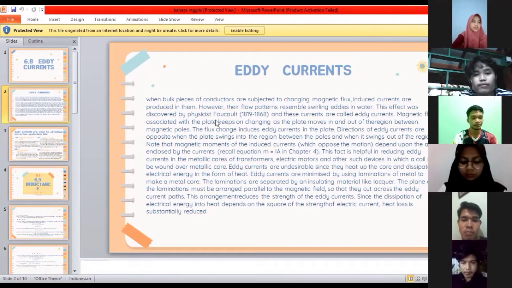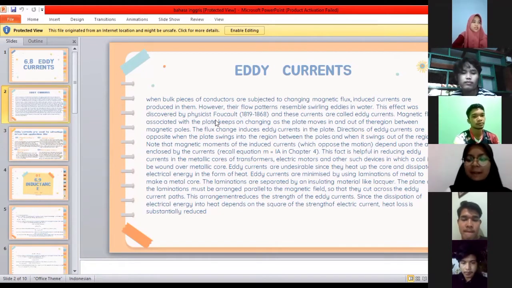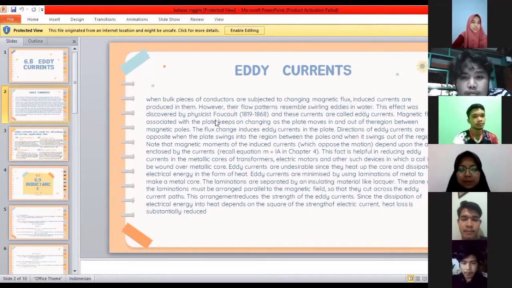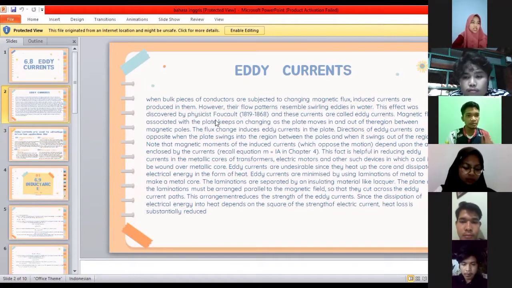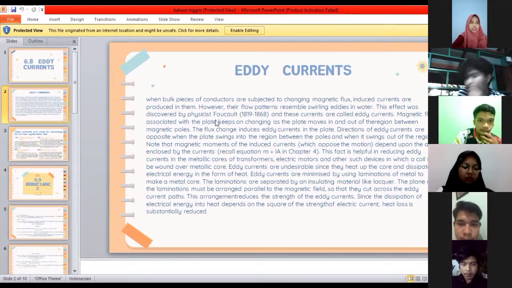Eddy currents. When bulk pieces of conductor are subject to changing magnetic flux, induced currents are produced in them. However, their flow pattern resembles swirling eddies in water. This effect was discovered by the physicist Foucault, and this current is called eddy current.